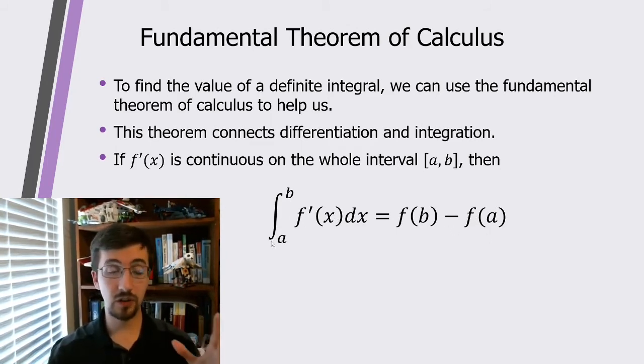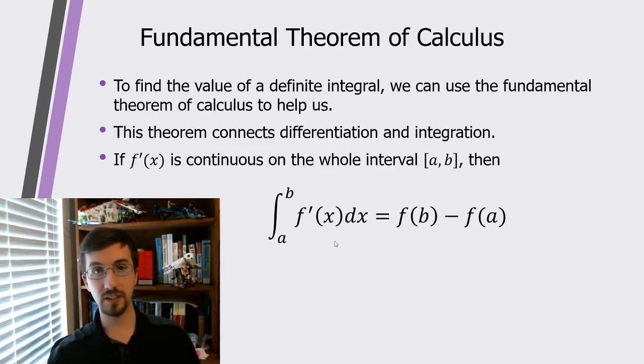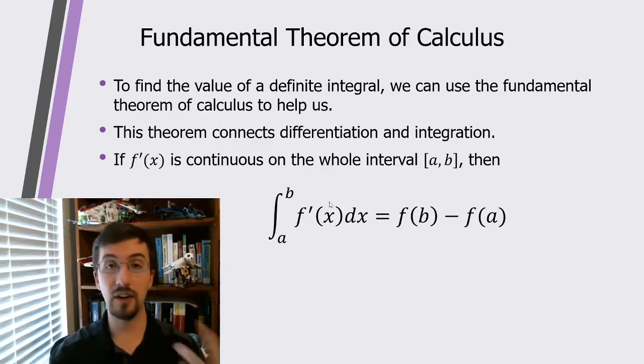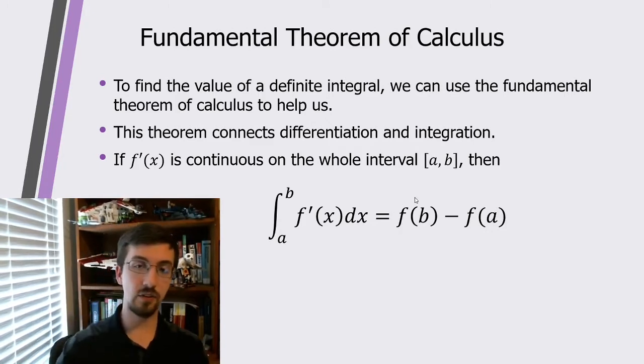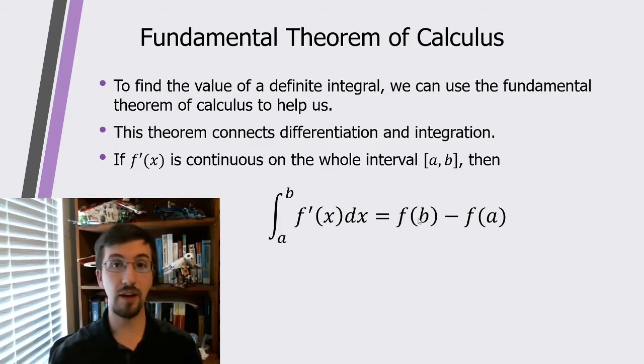So if you have this definite integral that you're doing, you can integrate the function using the rules we've talked about in other videos, and then take that new function and evaluate it at the point b and at the point a, find the difference, and you've found that total area.